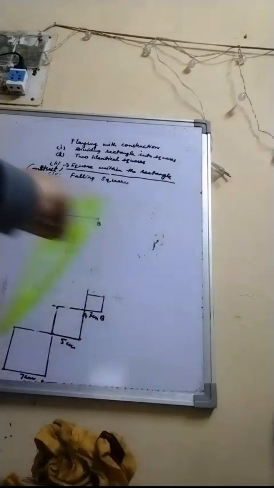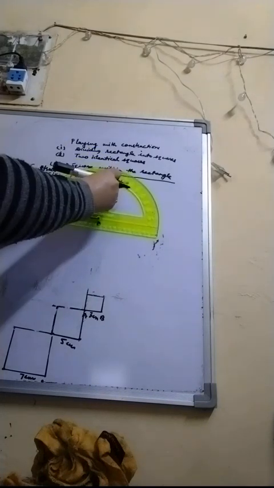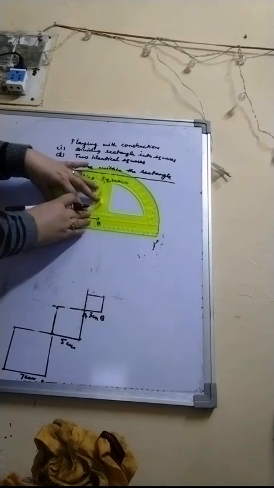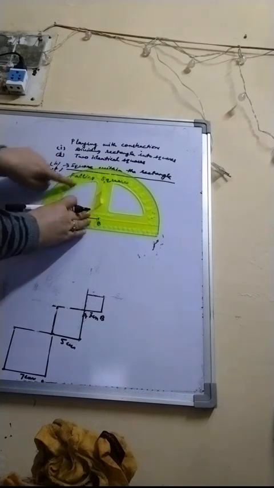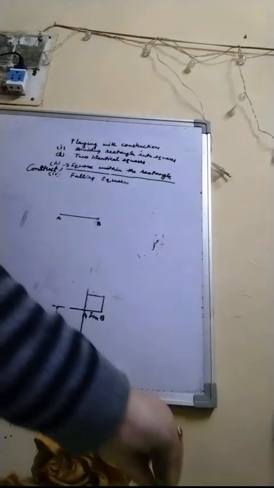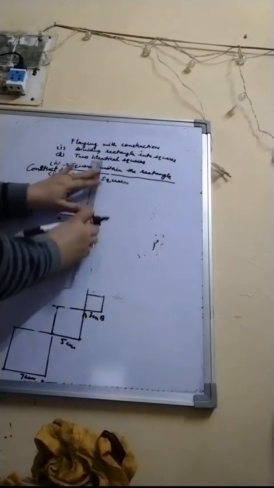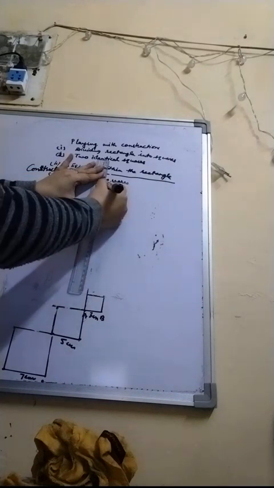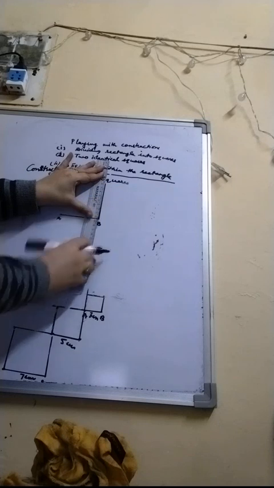First you put the protractor at B, align the line with the line of the protractor, start your reading from 0 and go till 90° and draw the line at 90°.